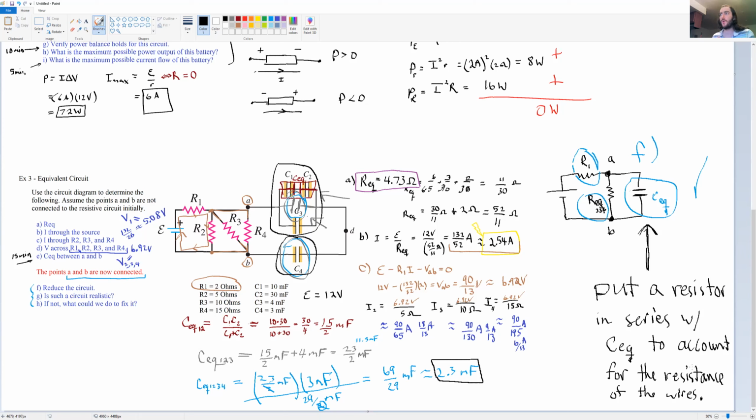So that's the reason why it's not a realistic circuit there. We would have to add in a resistor. Maybe I'll take some red here and add in a resistor there with a resistance R. And now our circuit is more realistic.